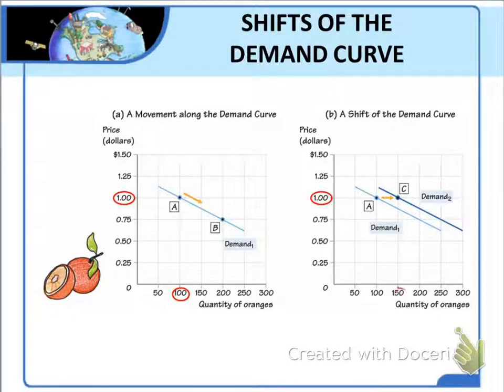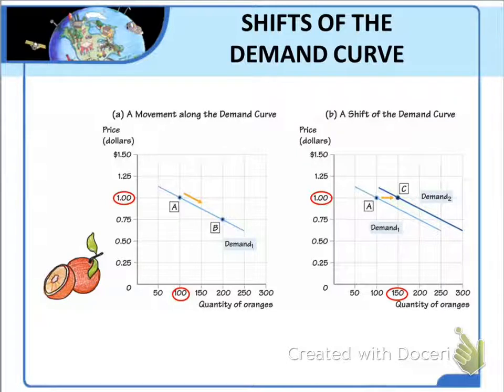But now, because of their increased preference for oranges, because of the advertising campaign, at a price of $1, people will now be willing to purchase 150 oranges. That's a difference. Previously, they were buying 100, now we buy 150.